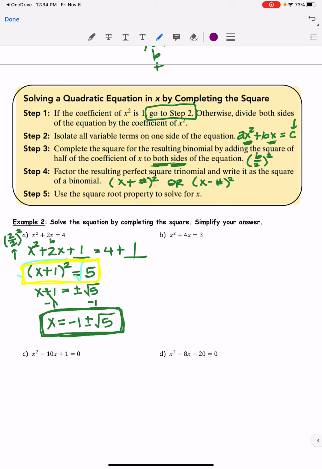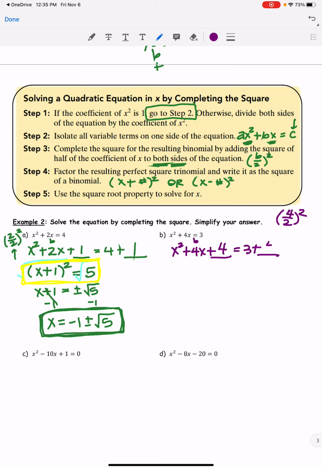Same thing on B. It's in the correct form. You've got your variables on one side, your constant on the other. So we've got x squared plus 4x plus something equals 3 plus that same something. So my b is 4. So in step 3, use your formula. We've got 4 divided by 2 quantity squared. 4 divided by 2 is 2. 2 squared is 4.